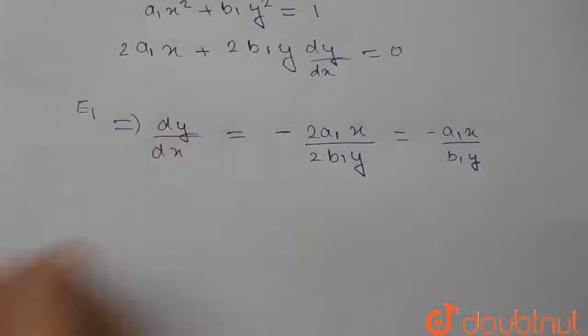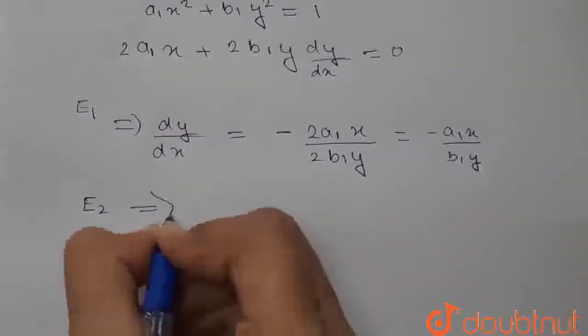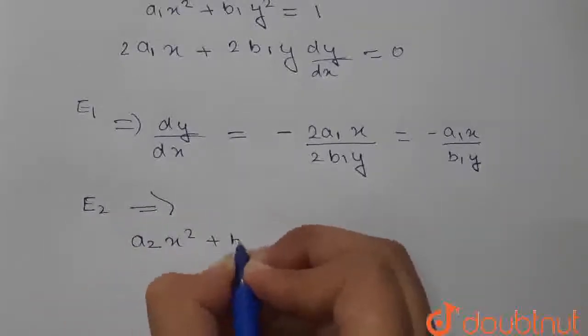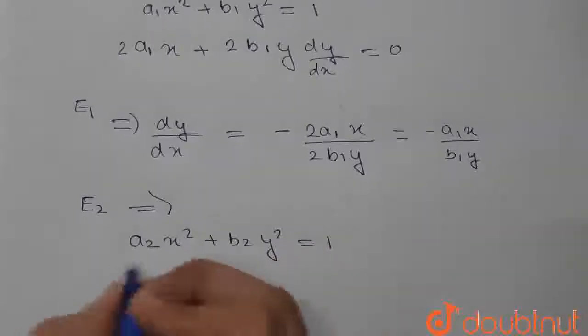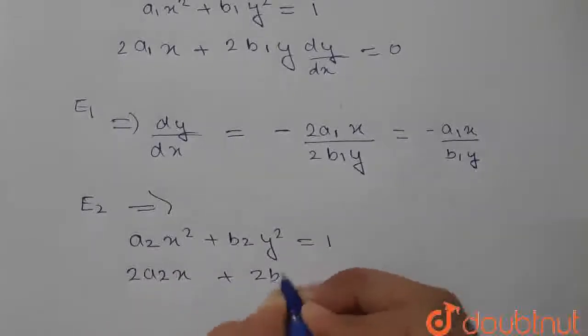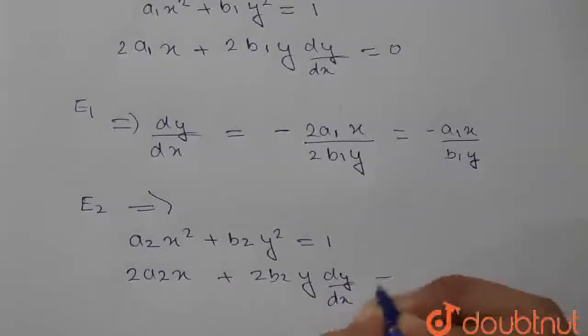Okay. So now if we talk about E2, ellipse number 2, its equation is given to us as a2x square plus b2 y square equal to 1. Now if I differentiate this, this will become what? 2 a2x plus 2 b2y dy by dx equal to 0.